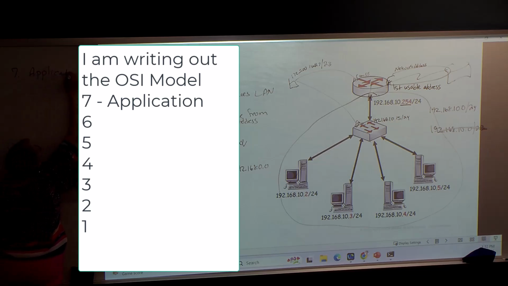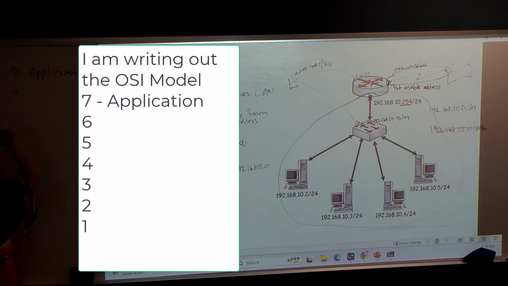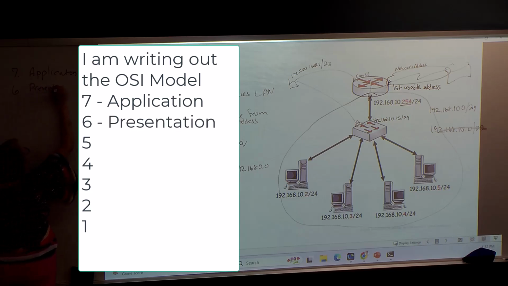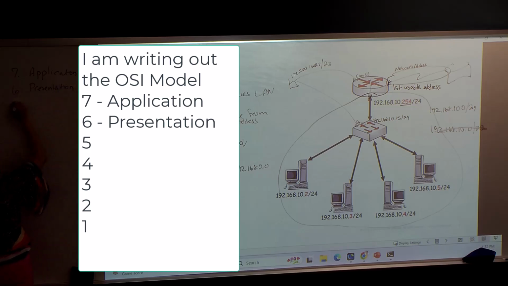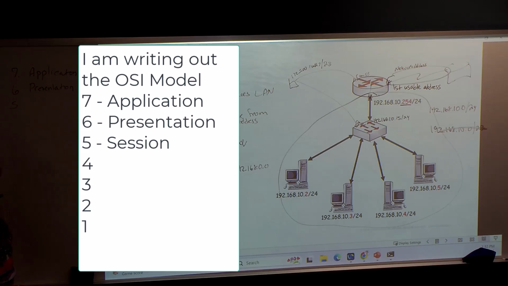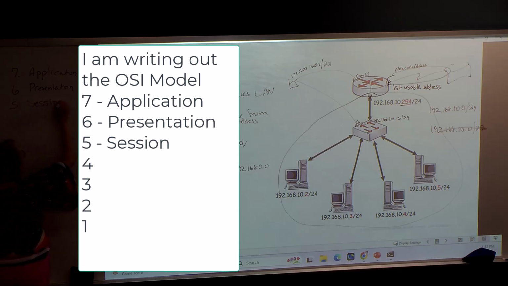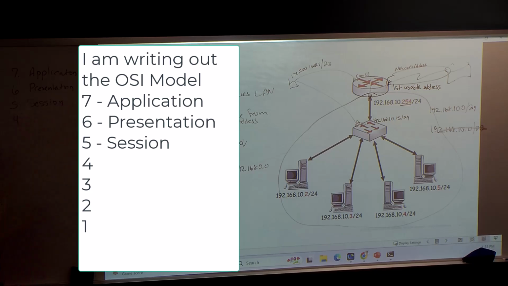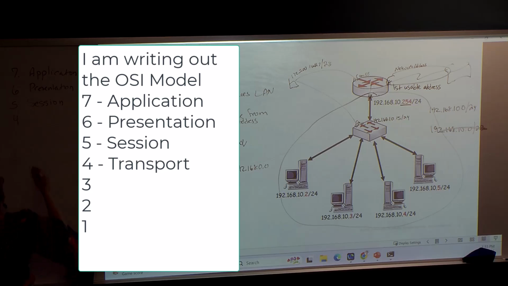Okay, and I'm going to take your number 6, presentation. Let's see, 765, Rob, layer 5, session. And Joe, you've given me an answer, Nicolo. Number 4. Transport.